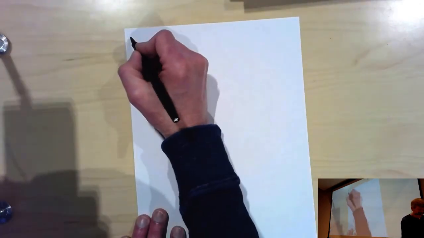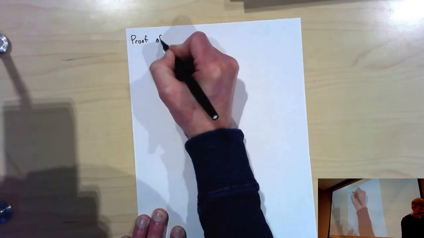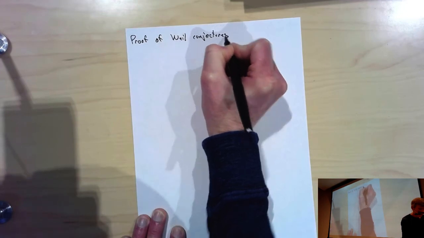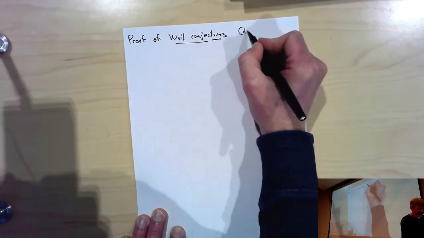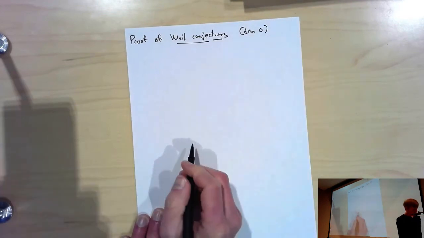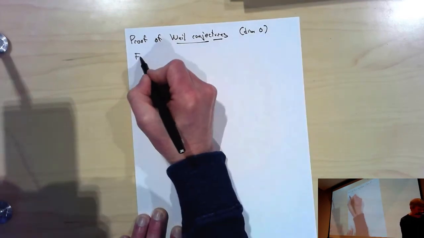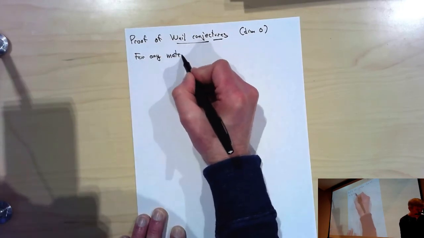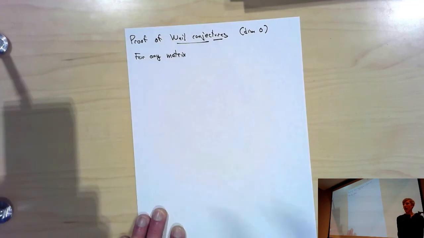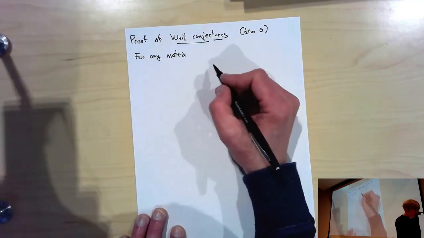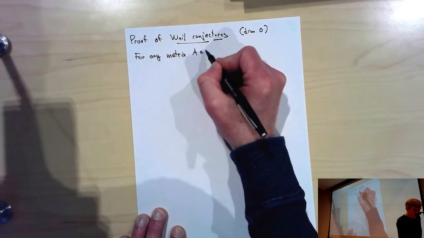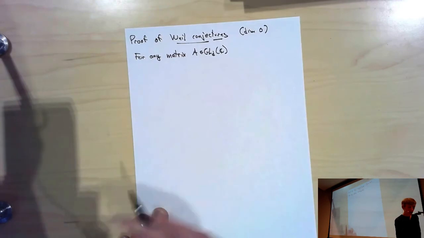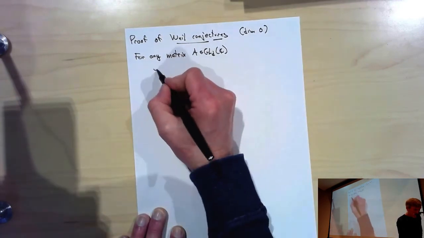Okay, so in dimension 0. Okay, well, so for any matrix, the remarkable thing about this proof is there's actually no number theory involved. Not only that, there's not even any linear algebra involved. So if I take any d by d invertible matrix with complex coefficients, I have the following identity.